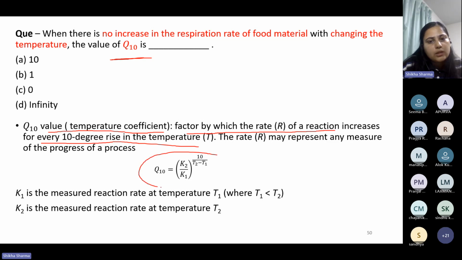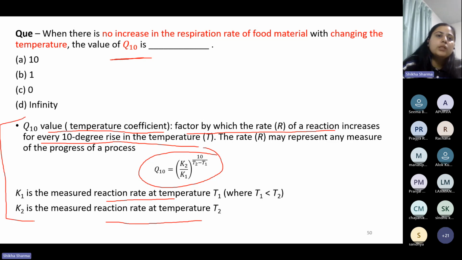The formula is Q10 = (K2/K1) to the power 10 divided by (T2 minus T1). K1 is the reaction rate at temperature 1 and K2 is the reaction rate at temperature 2.